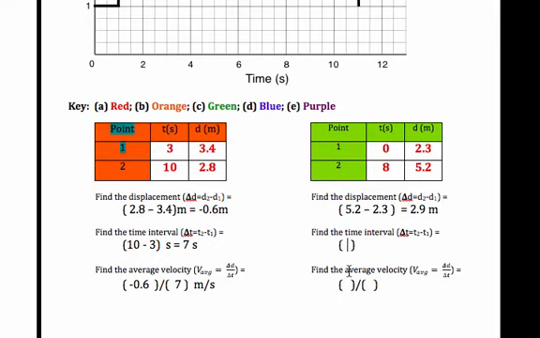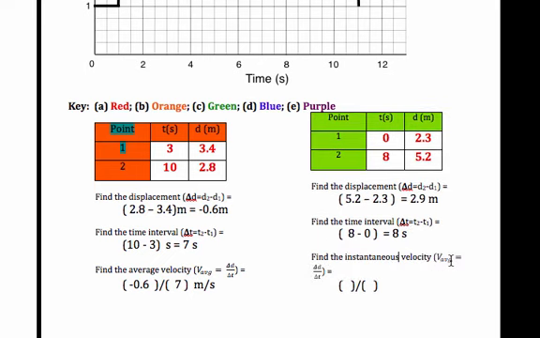The interval is going to be 8 minus 0 seconds equals 8 seconds. So my instantaneous velocity is also going to be delta d over delta t in the limit that delta t goes to 0.